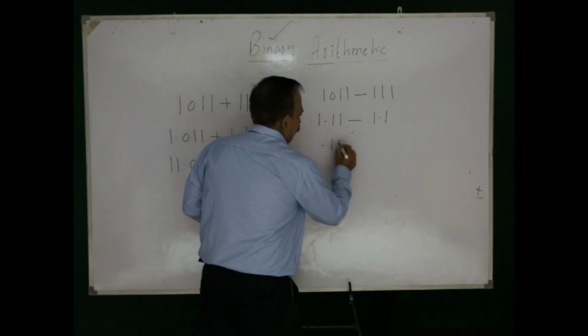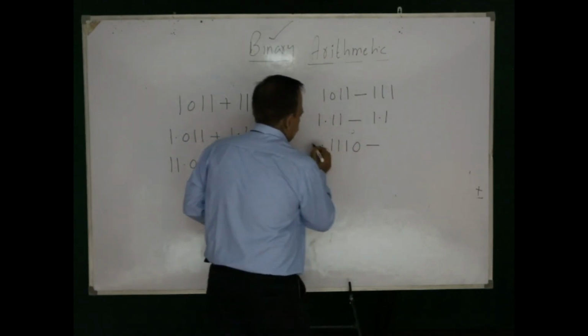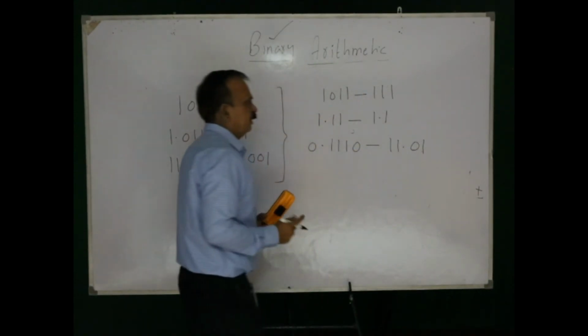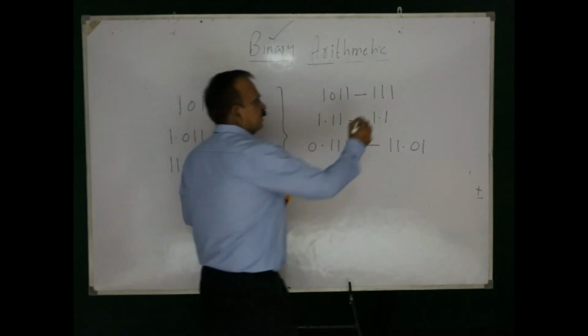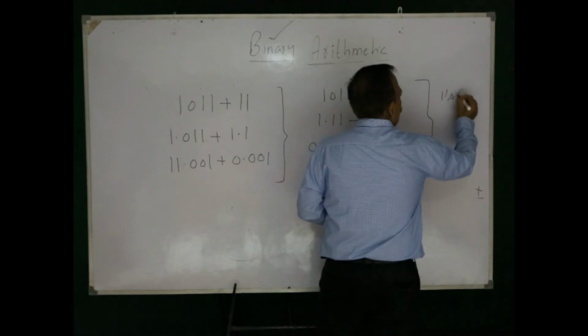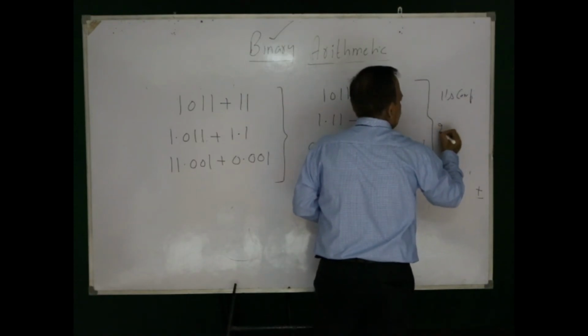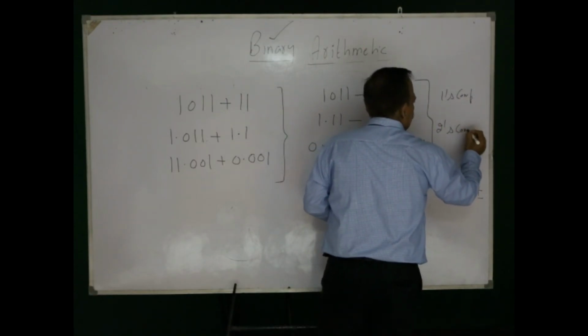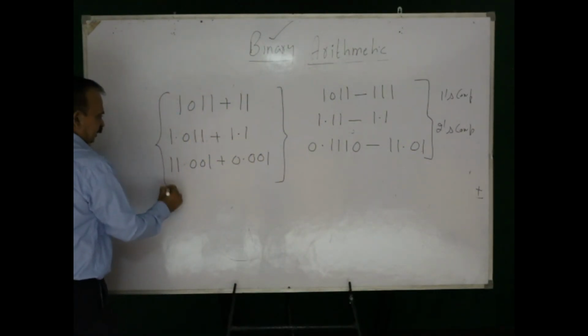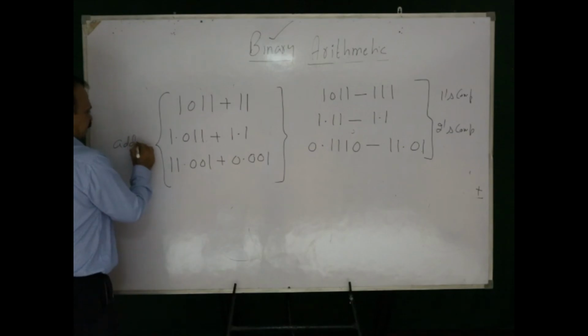Say 0.1110 and 11.01. Now we will be performing these operations with both the methods, 1's complement as well as 2's complement, and we will be using these for subtraction.